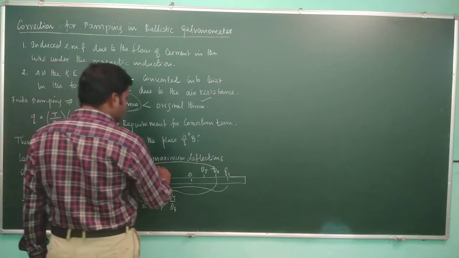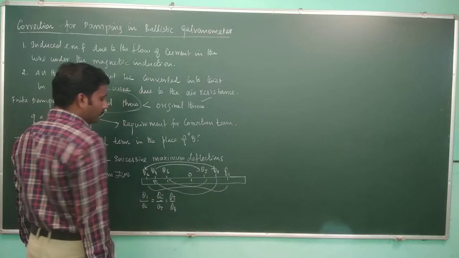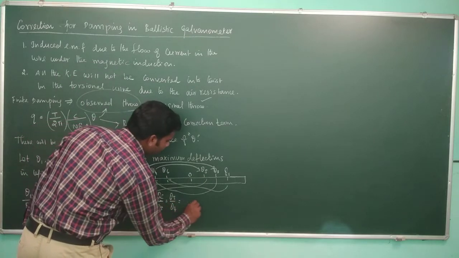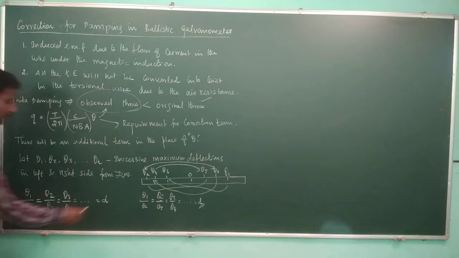You can also write θ4 divided by θ5 or θ5 divided by θ6 and so on. If you take like this, all will yield the same value, which is denoted by d.